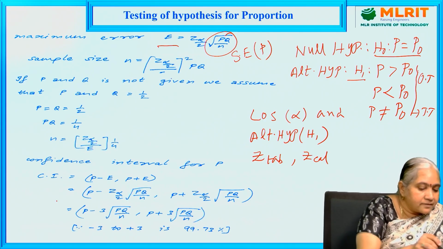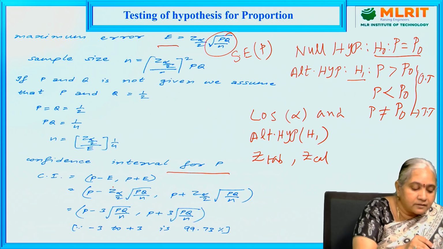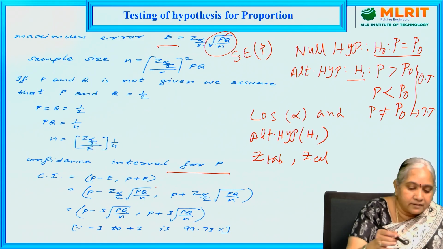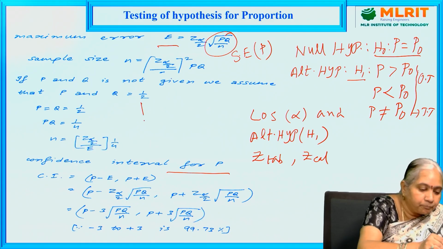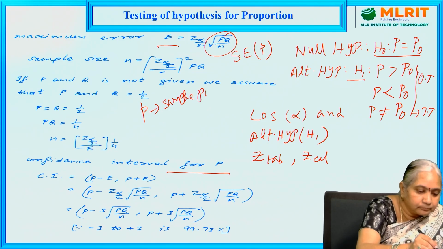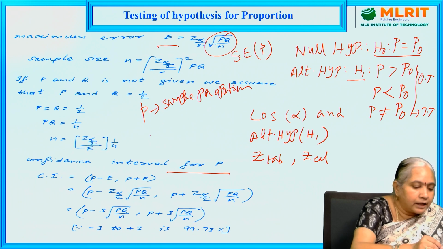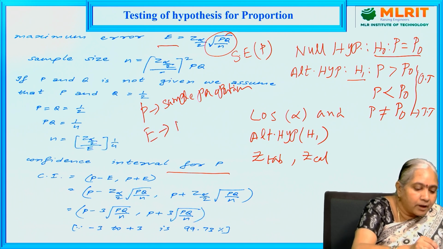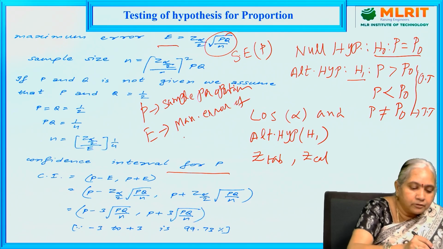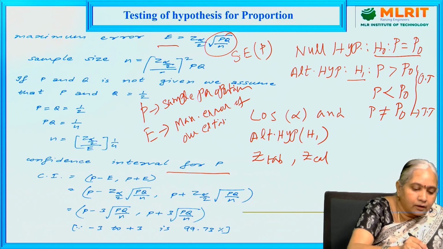And the confidence interval for population proportion belongs to small p minus E, comma, small p plus E, where small p is the sample proportion and capital E is the maximum error of our estimation in the population proportion.